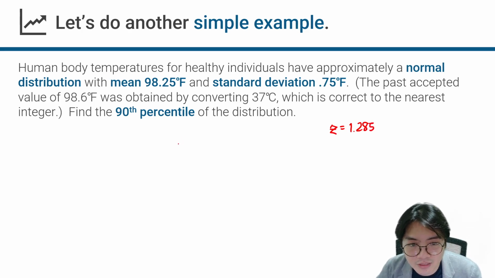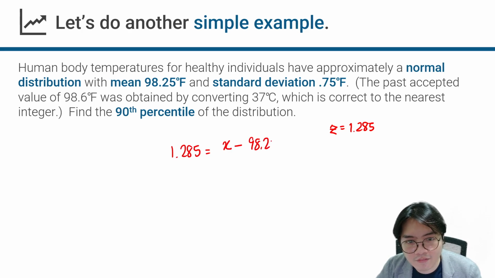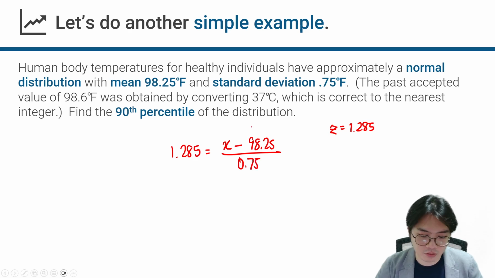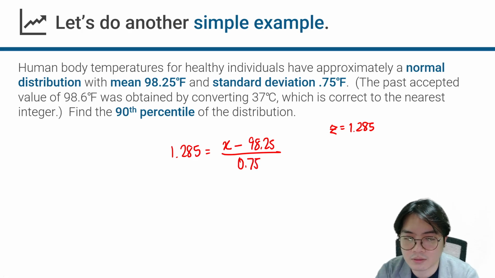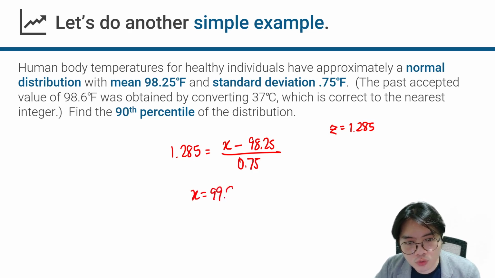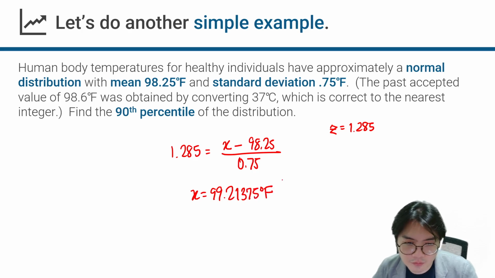Let's backtrack that. 1.285 is equal to x minus 98.25 all over 0.75. If we do this, we will get 99.21375 degrees Fahrenheit, of course.